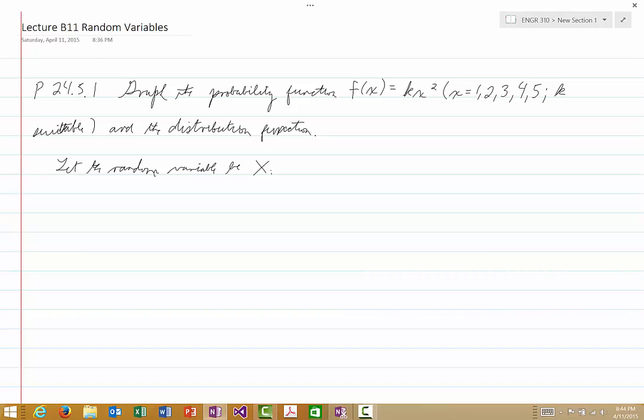The random variable is capital X. Now, the first observation is note that X is a discrete random variable.